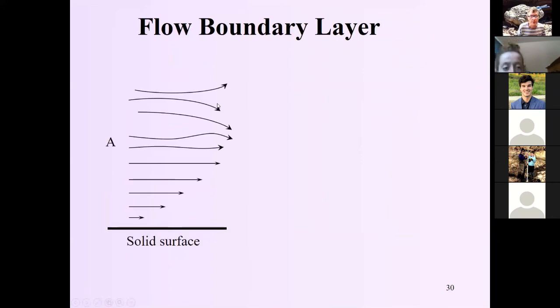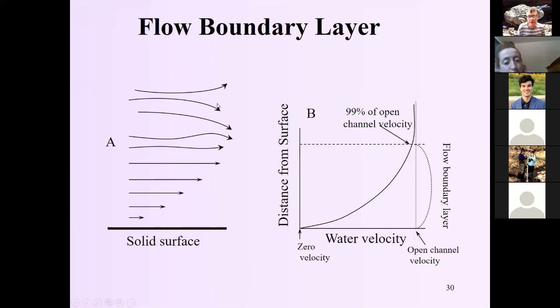So we'll talk about the flow boundary layer real quickly. If we move towards a solid surface, the flow decreases. In the open channel, we have turbulent flow. As we move into this layer, the flow becomes laminar and it decreases. So the closer you are to a solid surface, the lower the flow is.